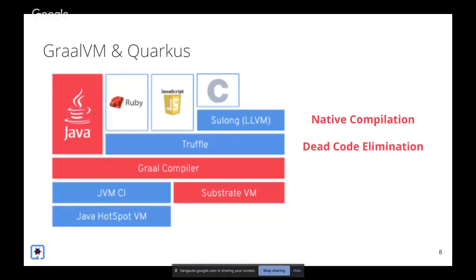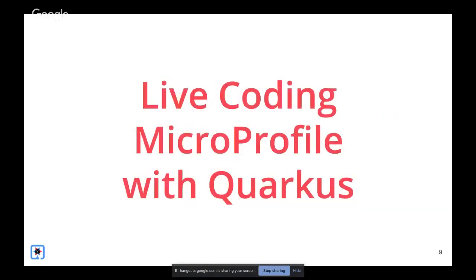One of the things we've done with Quarkus is optimize a lot of the libraries so that we reduce dependencies both within the library and even across libraries. What this means is that if your application doesn't use some of the code, it'll be eliminated during the compilation phase, and that means you get a relatively small executable binary. Okay, so let's do a little bit of live coding.